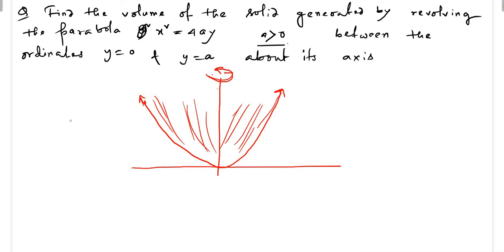So once a surface has been generated, just write here x square equal to 4ay. This is actually x square equal to 4ay.